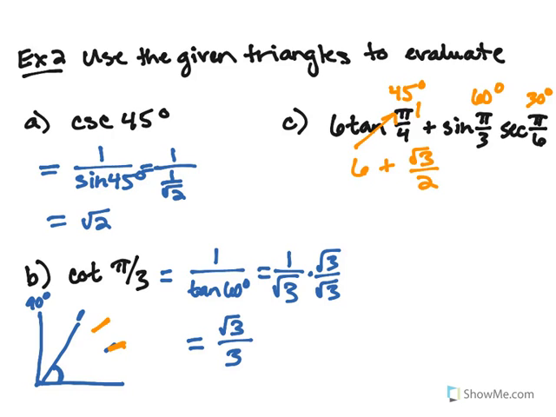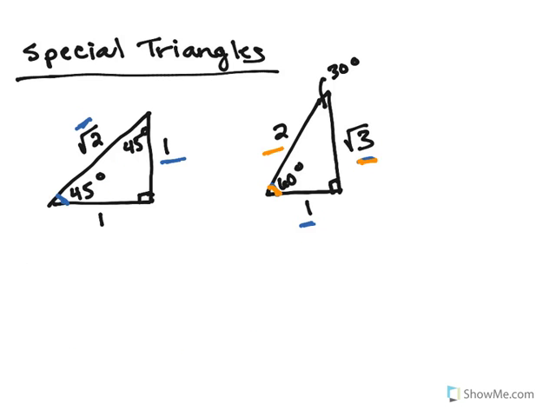Then we need secant of pi over 6. And secant goes with cosine. And so we're looking at cosine of 30 degrees. Let me change color here. So we're working off of this angle. Cosine is adjacent over hypotenuse.